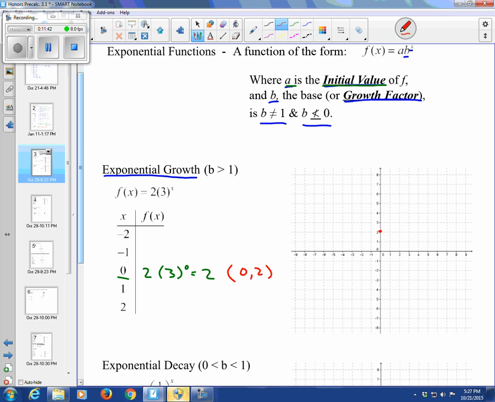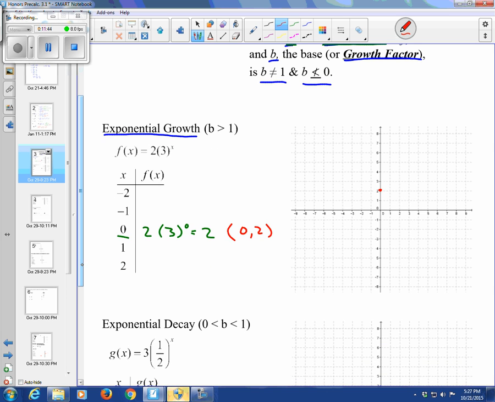If we go on, what we can see is our function is really tripling the output every time. We're just multiplying by a 3 for every integer exponent that we plug into our exponential function. So right here we've got 2, and then we're multiplying by 3. If the exponent is 1, we've got 2 times 3, which would be 6. We tripled the output there. So we would go up to 6 and get that ordered pair.